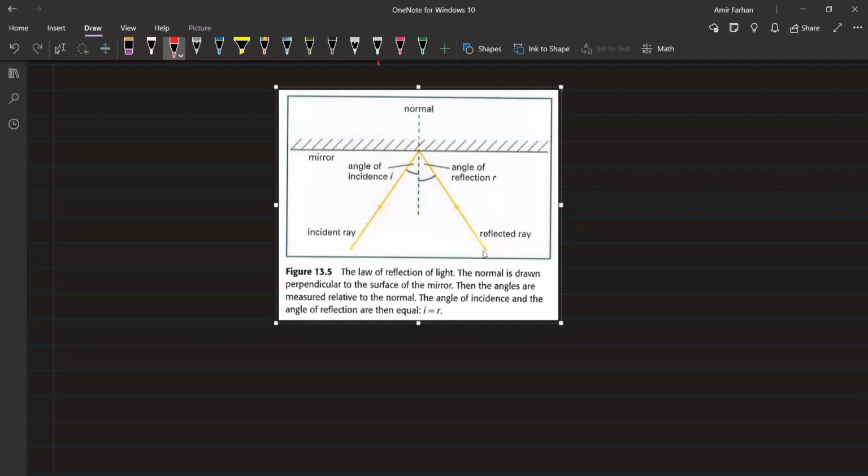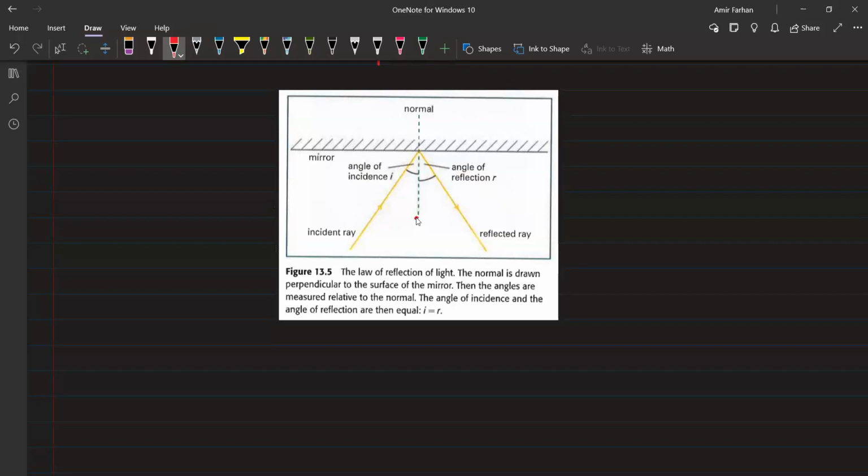This reflected ray will enter your eye, because whenever you see an image in a mirror, reflection is there. So the reflected ray will fall on your eyes. So what you will observe is that the image is formed here, yes or no? Suppose this is an object.